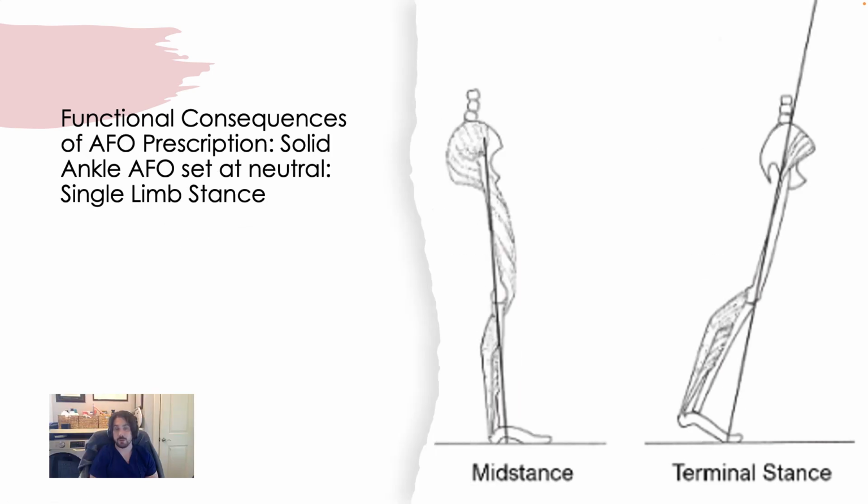So during our single limb stance phase of gait, we keep on thinking about how plantar flexed or dorsiflexed our ankle is relative to where it usually is within the gait cycle, and then what kind of effect this has on the ground reaction force vector at our knee.